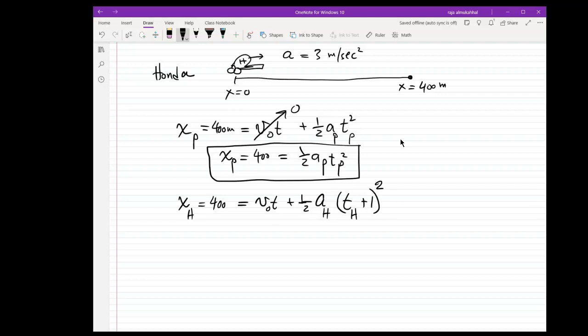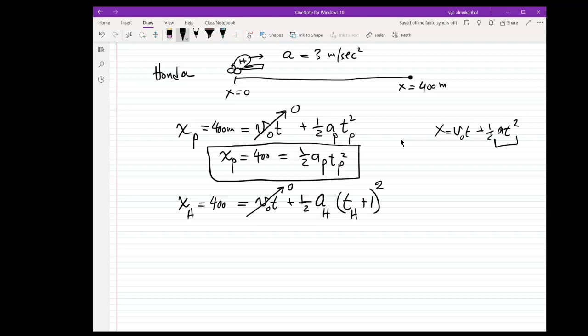You see how I did that? Remember, the basic kinematic equation is x equals v naught t plus 1/2 at squared. This t for the Porsche is just t. For the Honda, well, we are adding 1 second to it. So that's what I've done here. Again, the v naught t here is 0 because the initial velocity of the Honda is 0 as well.